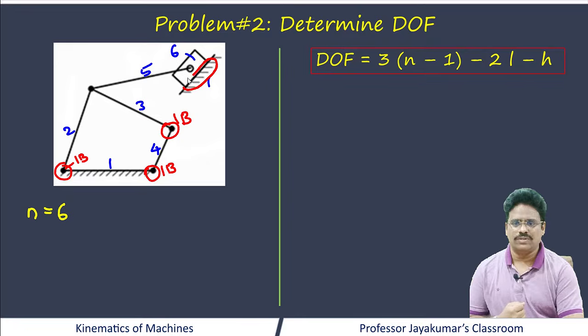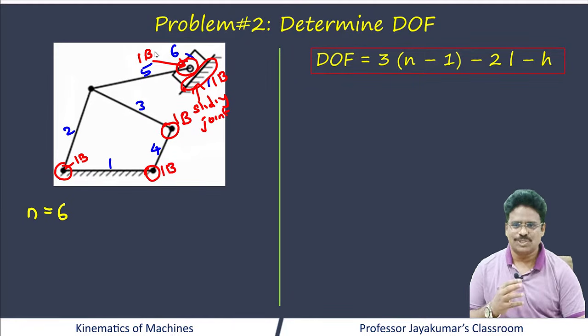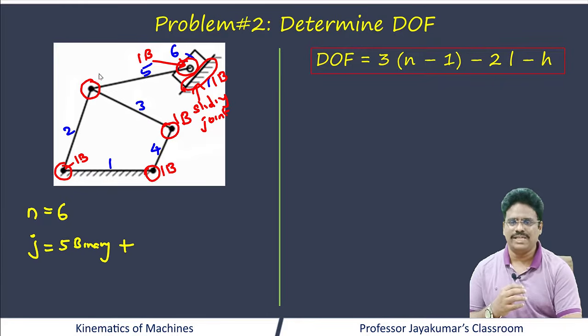Here we have a sliding joint, which is again a binary joint. And also between 5 and 6, we have one more binary joint here. So we have 1, 2, 3, 4, 5 binary joints, plus we have one ternary joint.